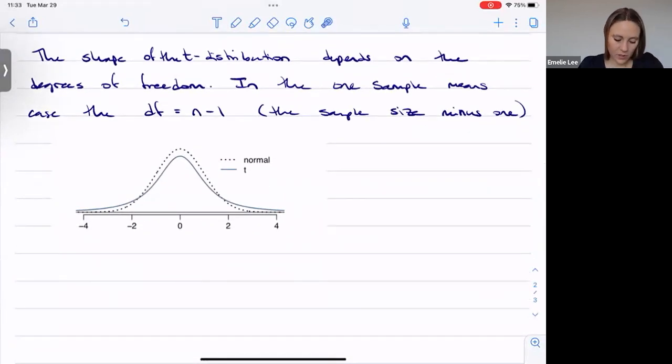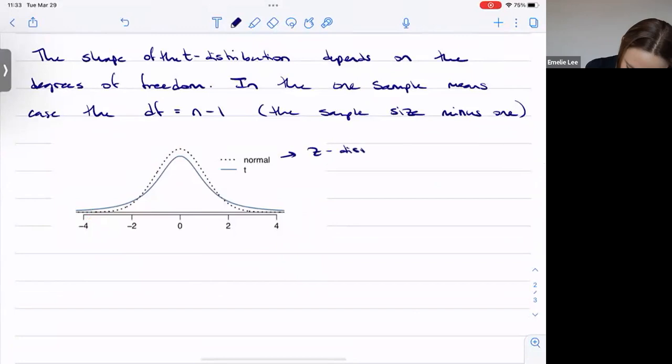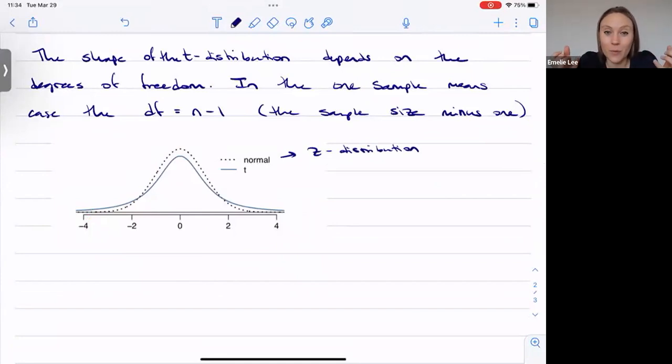The normal distribution that we're used to seeing, right? Z follows a normal distribution, so normal is really just the Z distribution, which is what we're used to working with. We can use the Z table, and it gives us the areas underneath the curve, and we're able to manipulate those to find the probabilities, which are the areas that we want.